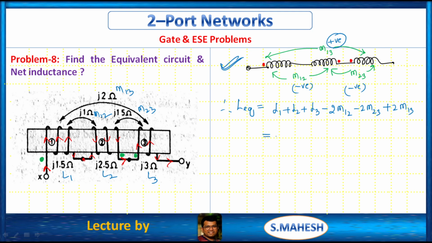So from this, L1 is say j1.5 plus, actually this is XL. No problem at all, the answer is provided in terms of XL only. If you provide the value of omega, we will get the value of L. This is j2.5 plus j3 minus 2 into M12, which is j2, minus 2 into M23, which is also negative, j1.5, plus 2 into M13, which is j12.